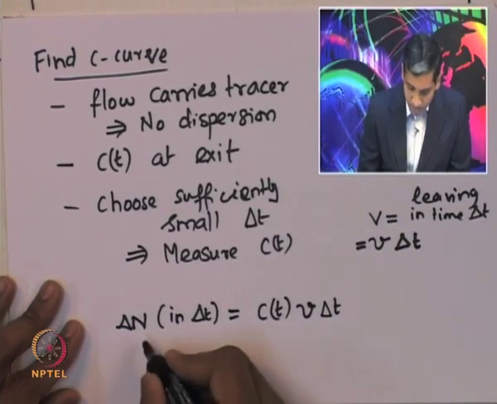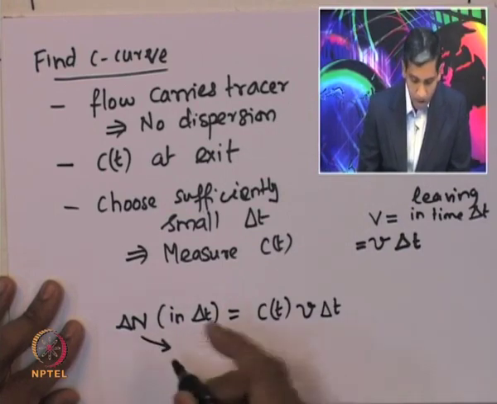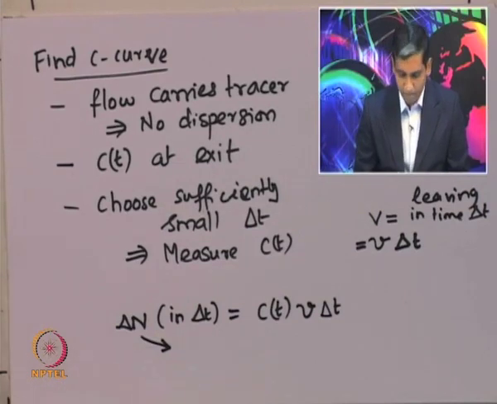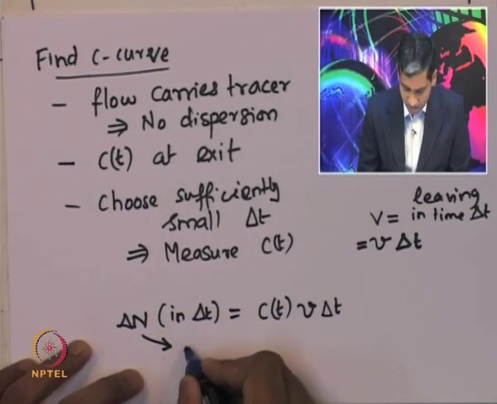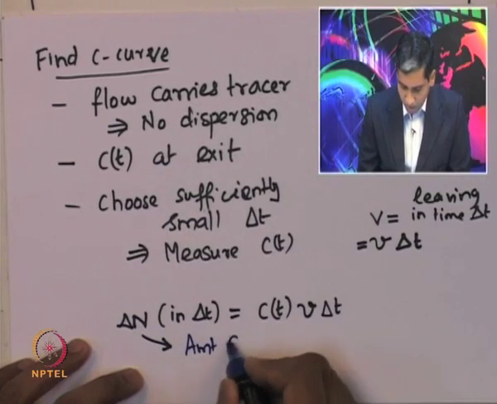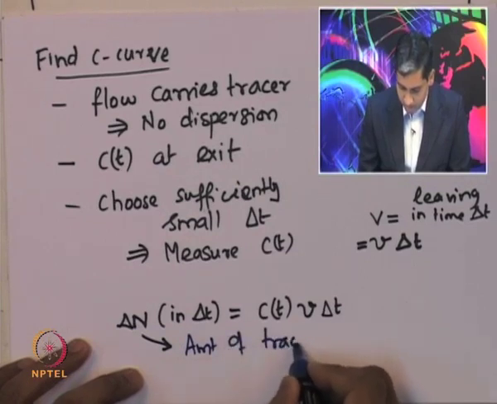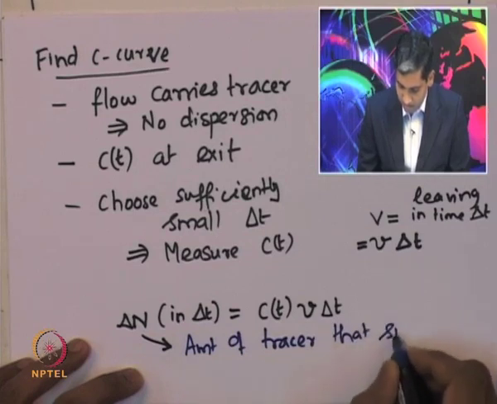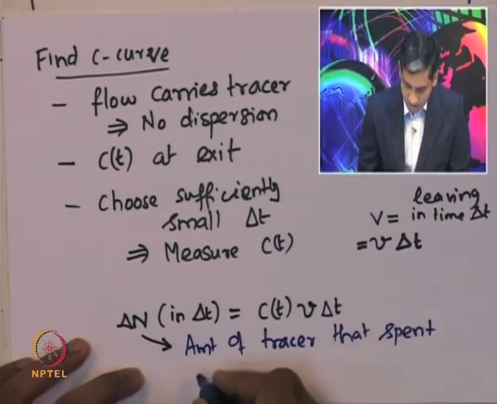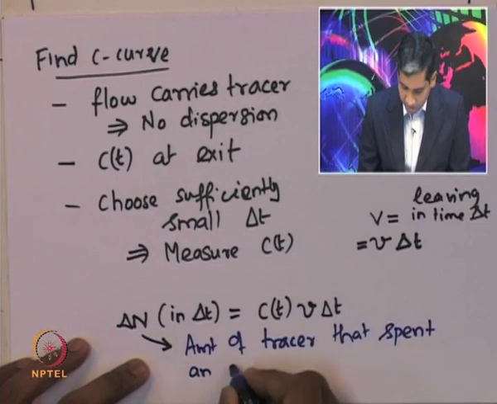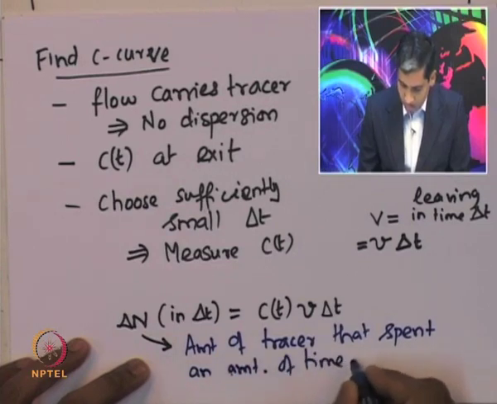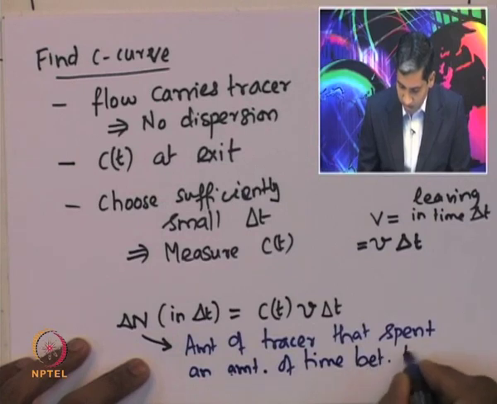Now, what does this mean? This is the amount of tracer that spent an amount of time between t and t plus delta t.